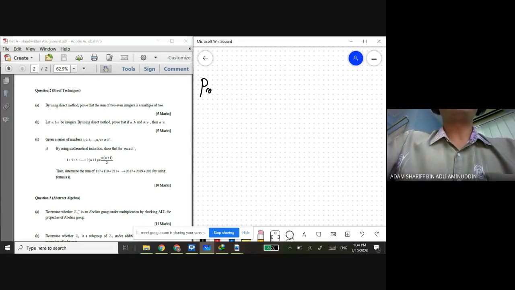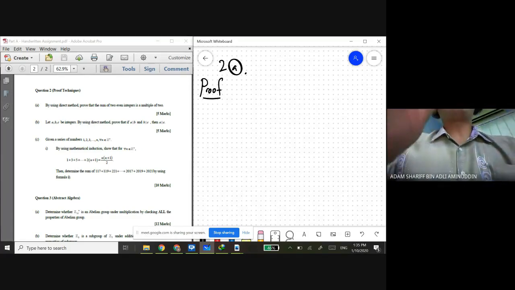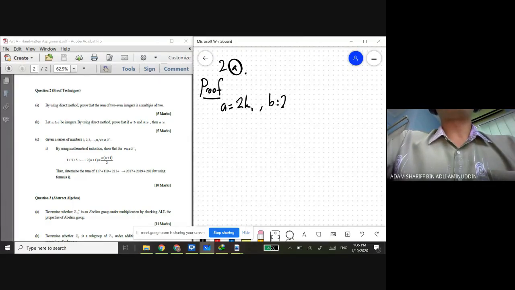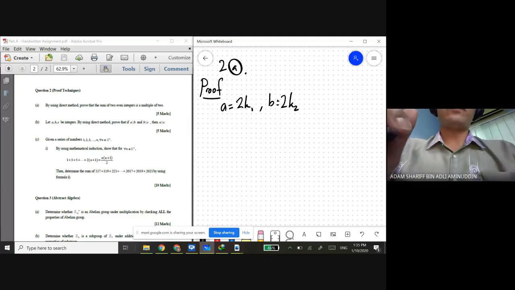The proof, 2A. You start with a definition first. You assume that there is an even integer, katakan 2k1, and another integer b, 2k2. You all betul kat sini, most of you.